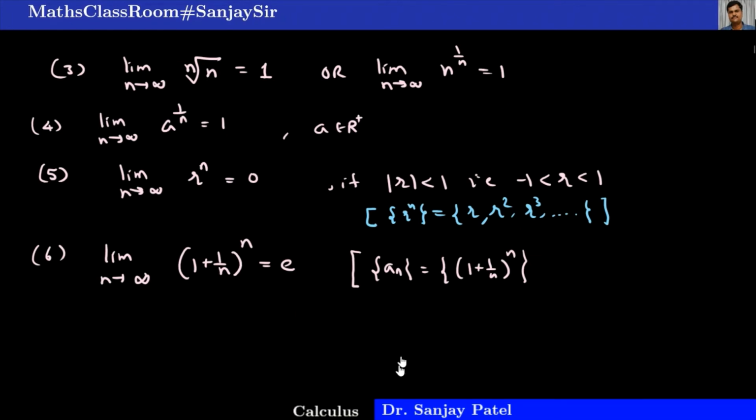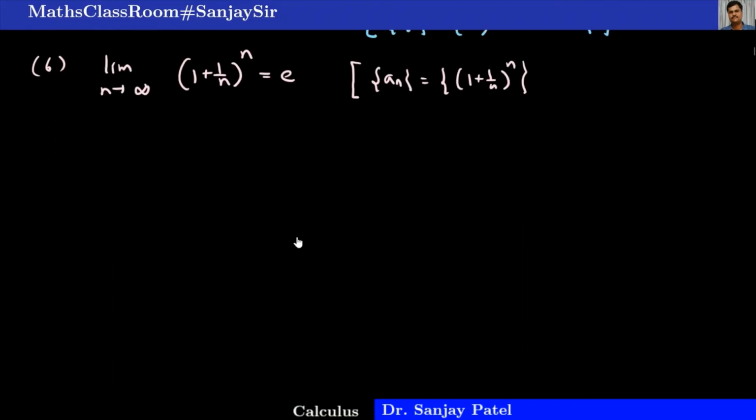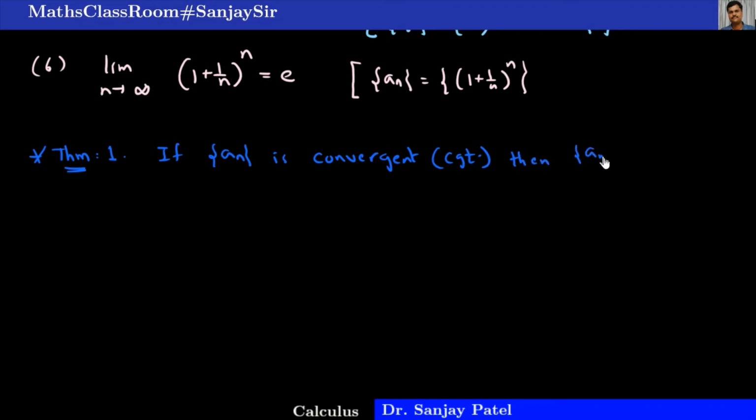Another very important result about the limit of a sequence is the following theorem, which we assume: if a sequence an is convergent, I will always write convergent in short form as CGT, then the sequence an is always bounded.